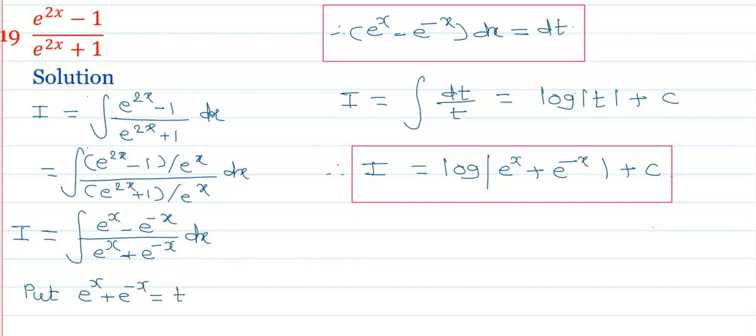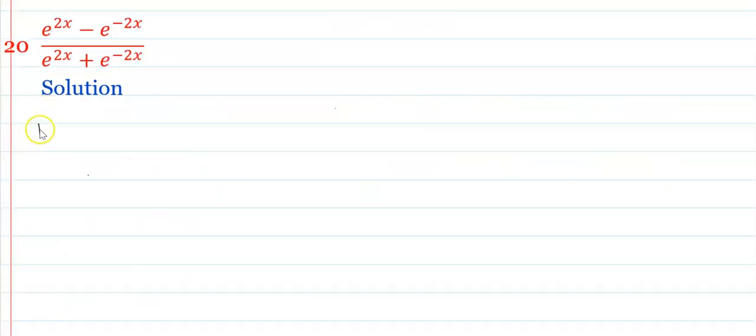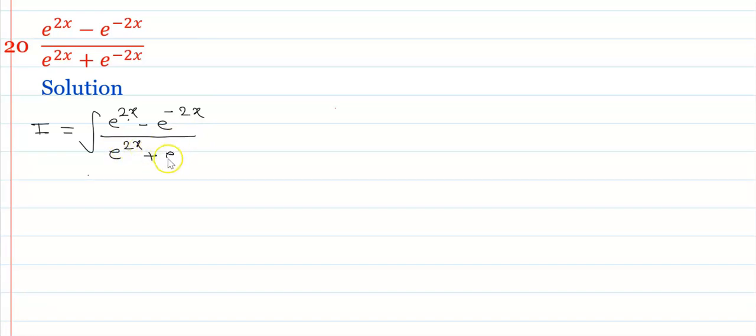Now the next example. I is equal to the integral of e raised to 2x minus e raised to minus 2x upon e raised to 2x plus e raised to minus 2x into dx.